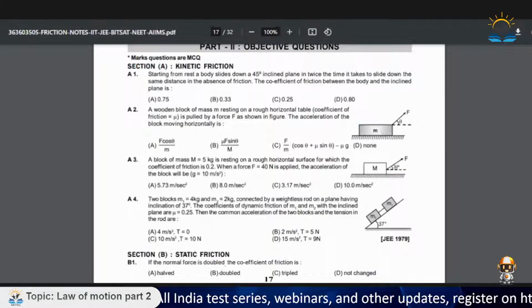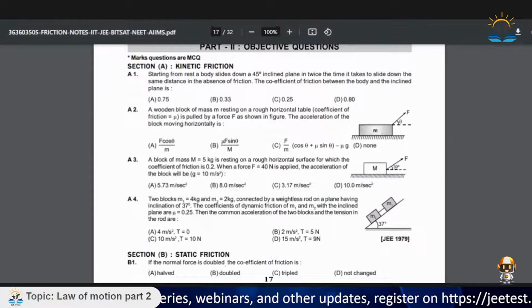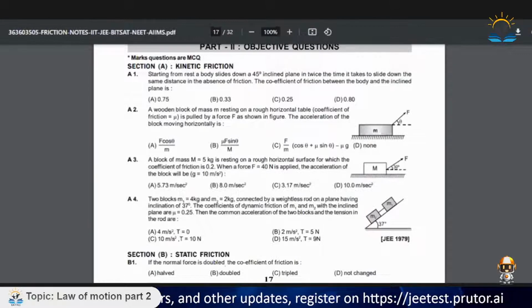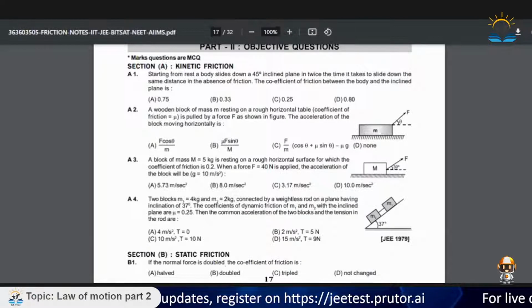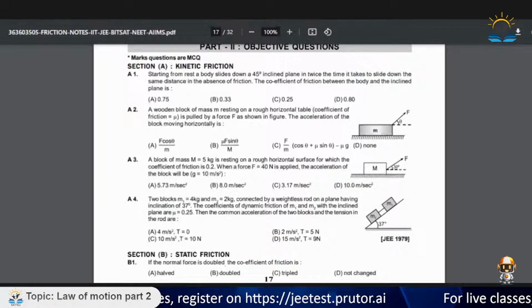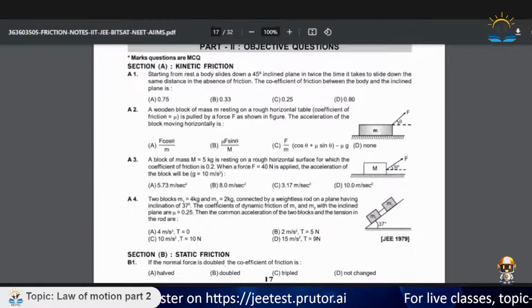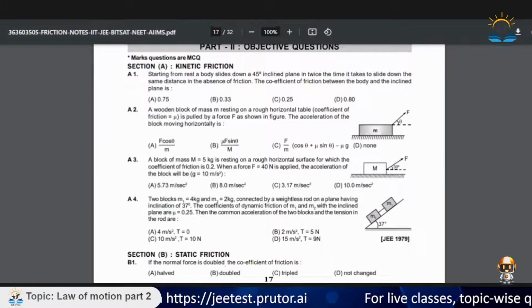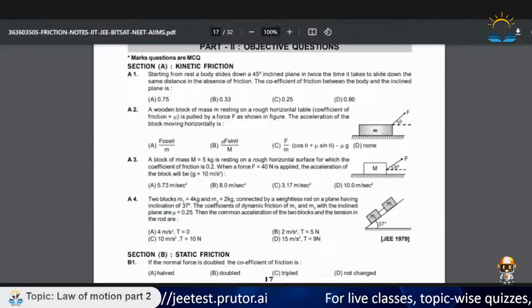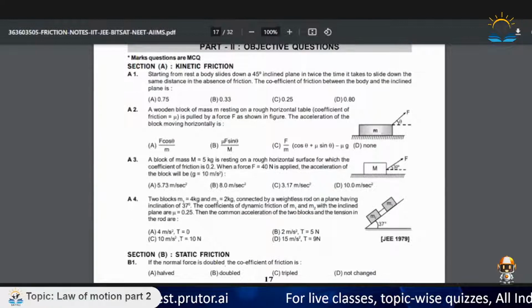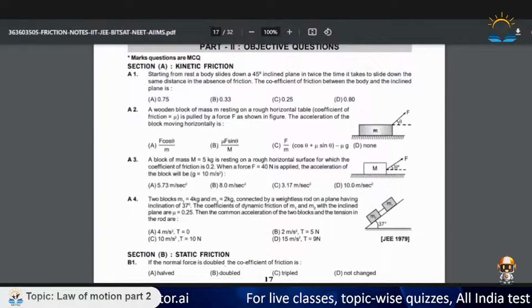G cancels from here. Here we get a root 2. D cancels. Basically, from this point, we get root 2 minus mu is equal to root 2 by 4.